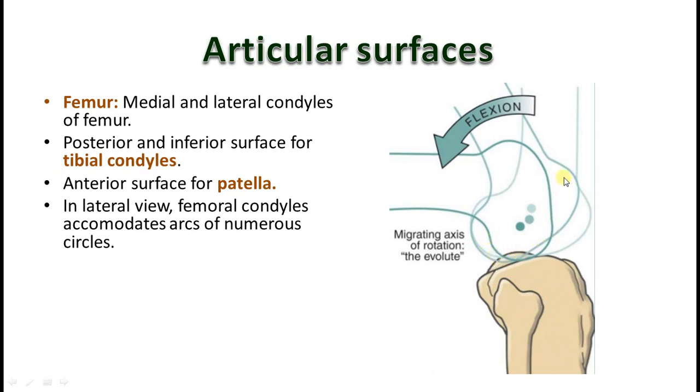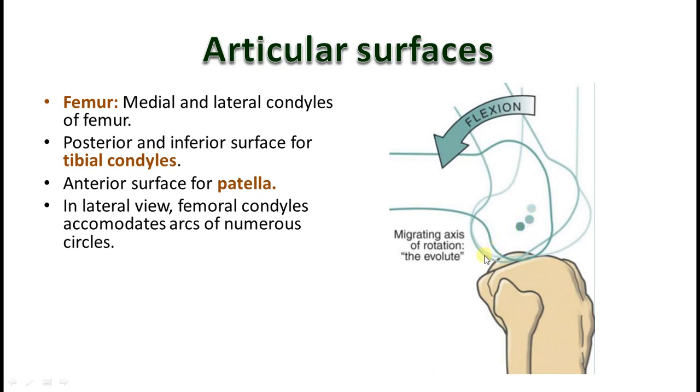And if you join the center of each circle through a line, it forms a curved line through which flexion and extension takes place. So the condyles accommodate the arcs of numerous circles.